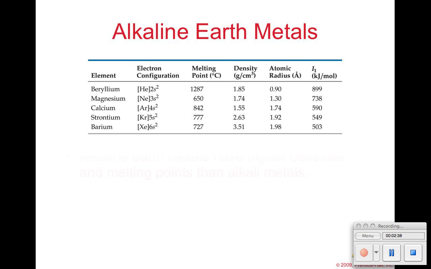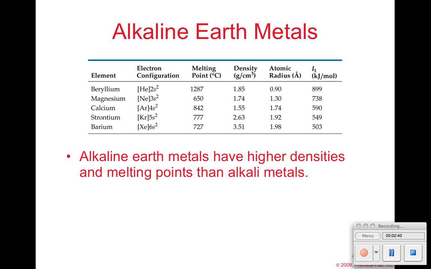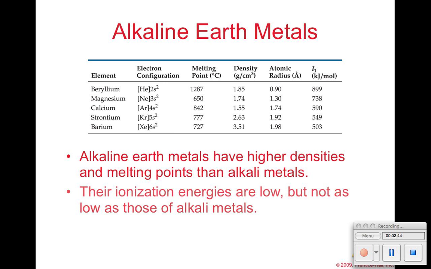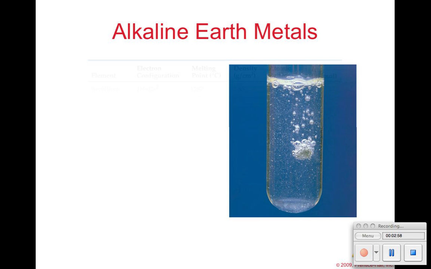The next group is the alkaline earth metals, and they have higher densities and higher melting points than the alkali metals. We're moving up to that second electron in the outer shell, and their ionization energies, although low, aren't as low as the alkali metals.